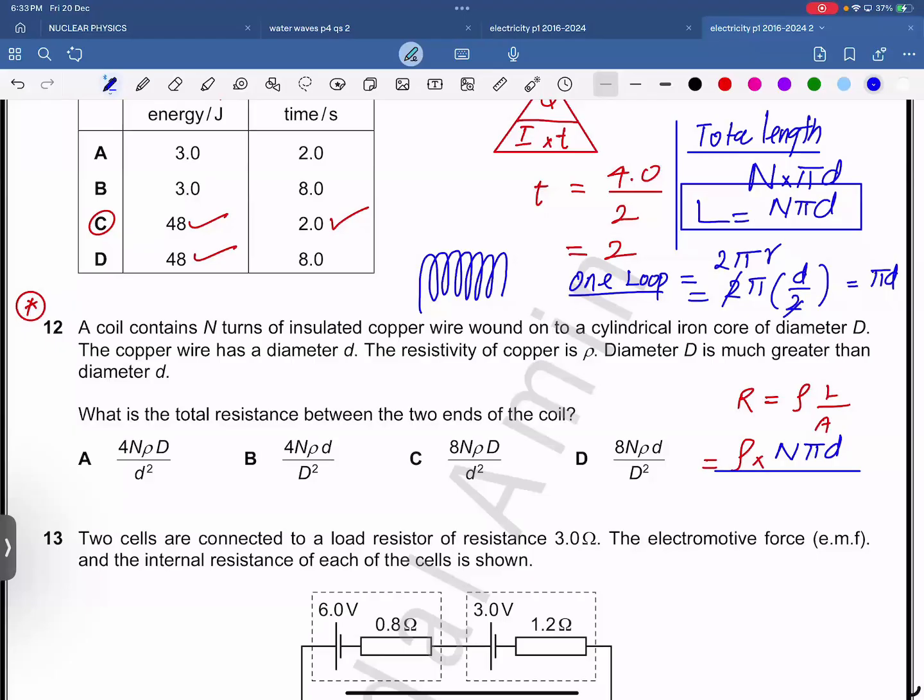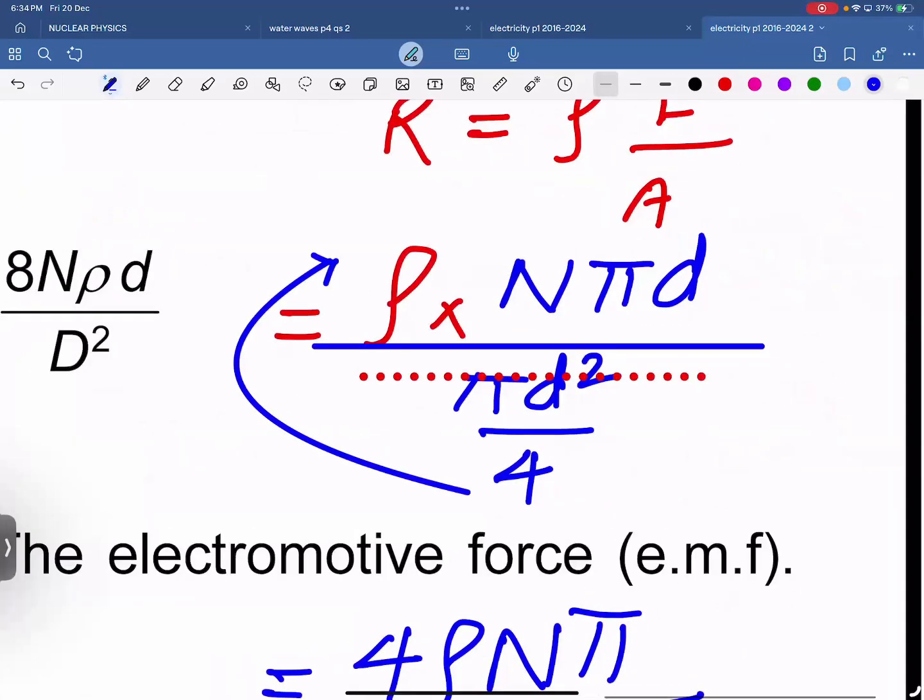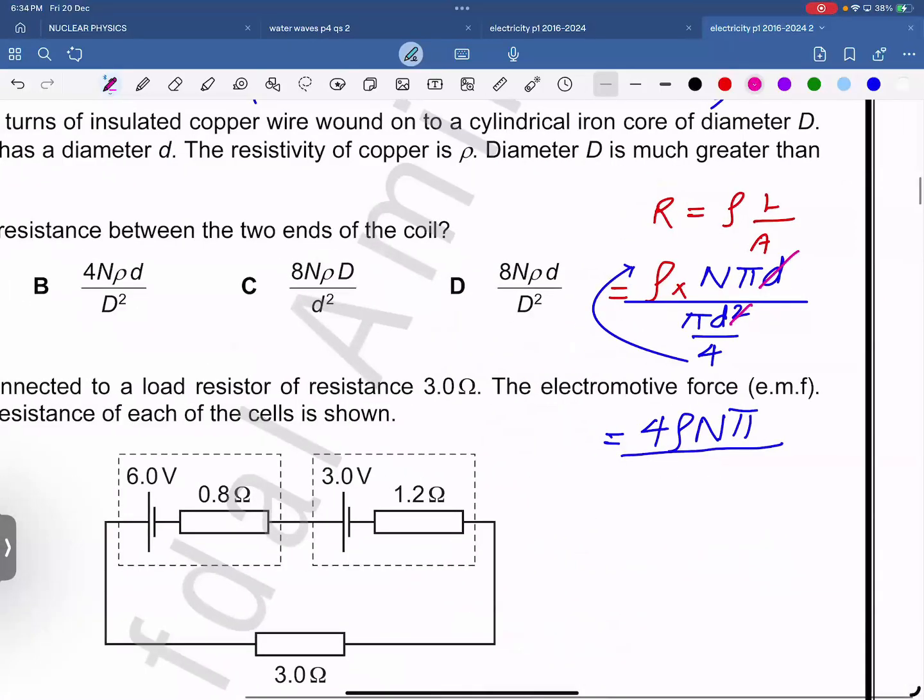The area of cross section in terms of diameter is pi d squared over 4. The double denominator is multiplied up, so it becomes 4 rho N pi D over pi d squared.